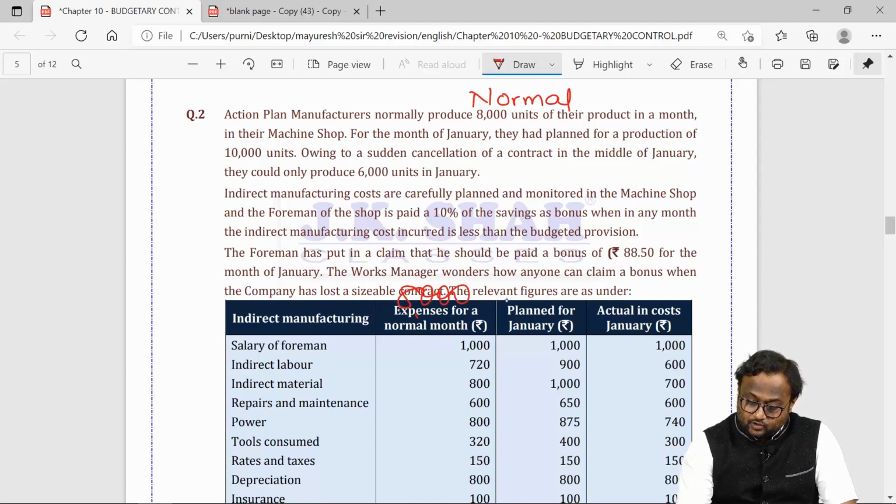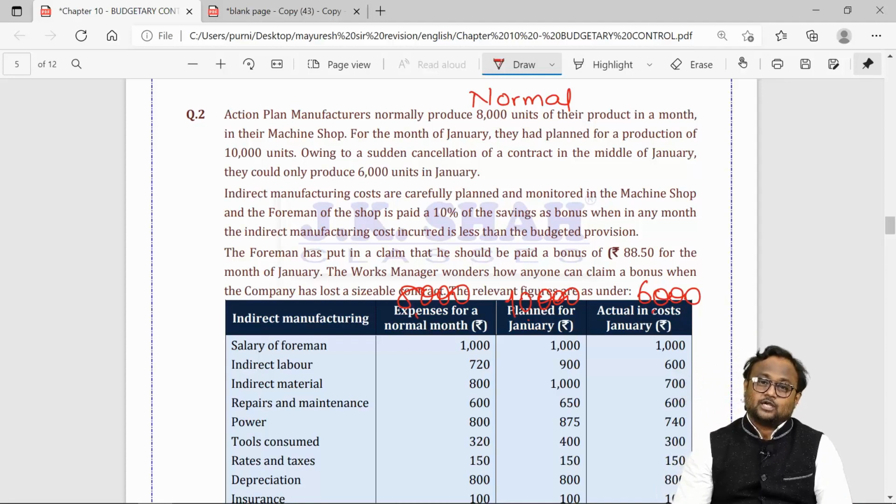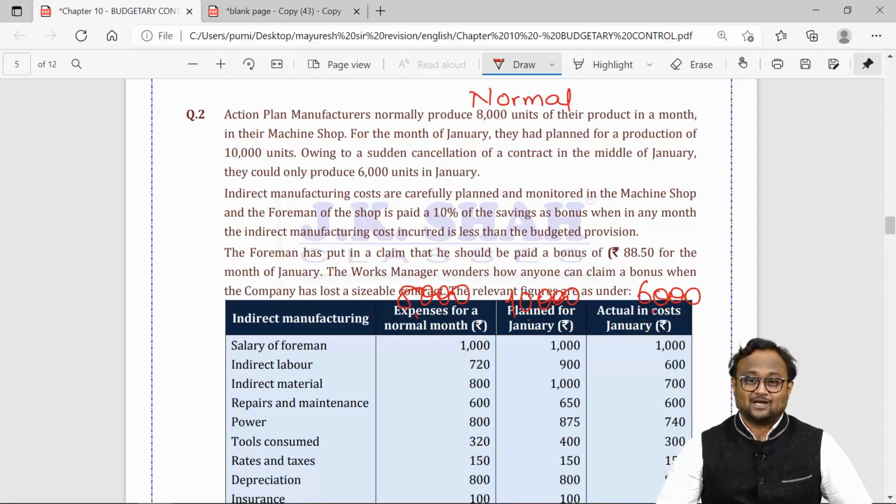They planned a production of 10,000, so this data was 10,000. But the team has actually produced 6,000. That means the first column given in the question was for 8,000, the second column was for 10,000, and the third column was for 6,000 units.